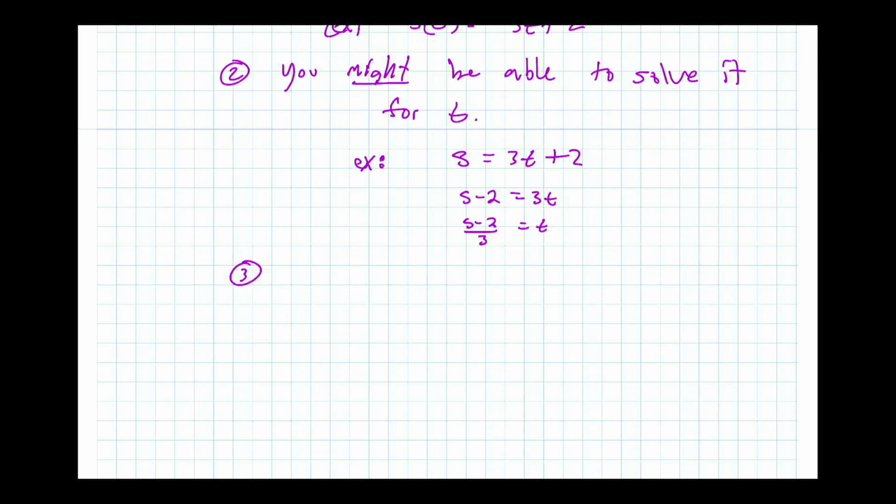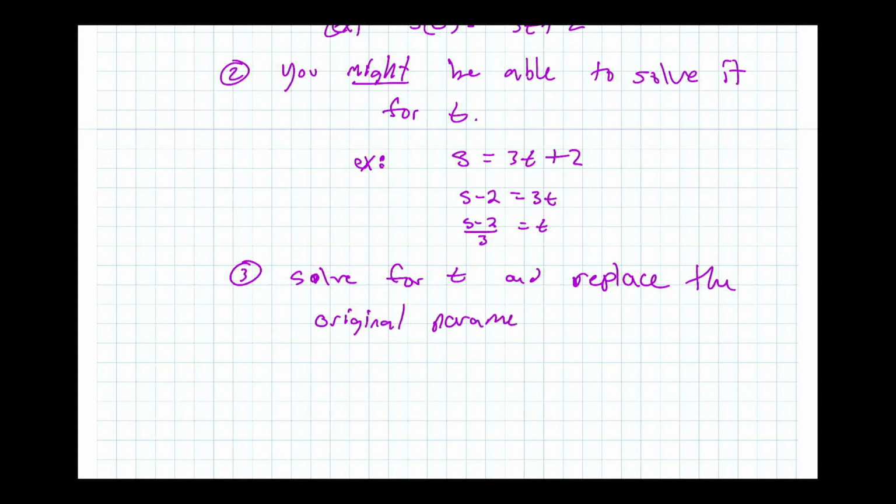And if you can solve it for t, then what you do is you take that, you solve it for t, and go back to the original parameterization. The original parameter t, replace it with the new parameter s, according to the algebraic relationship.